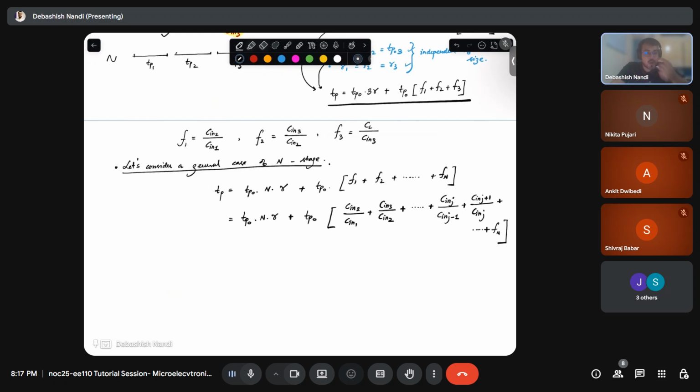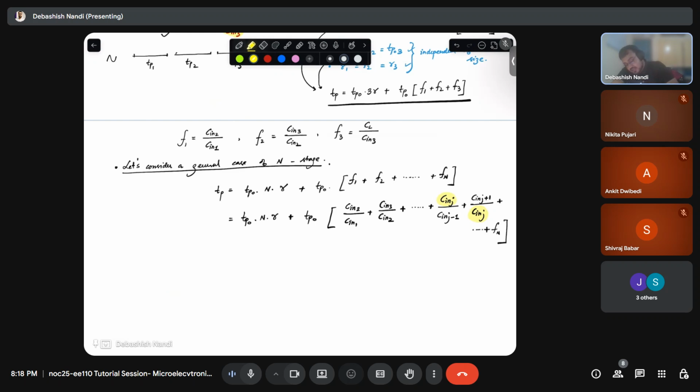The point I wanted to make is that C in j, or for that matter any capacitance, will come at two places in this kind of inverter chain. One is to calculate its own electrical fan out, and the other is to calculate its previous stage's fan out.